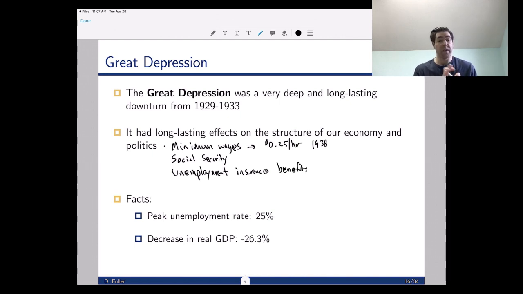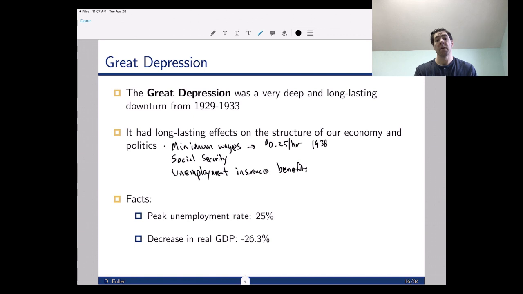In fact, Wisconsin was one of the first states that paid such benefits from the unemployment insurance benefit system. So all of these things that are relatively common today are really byproducts of this very big downturn we had in economic activity.